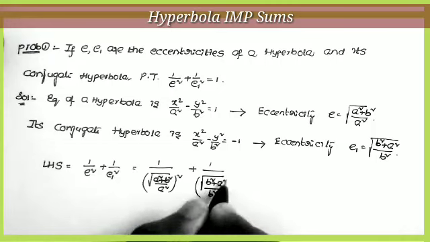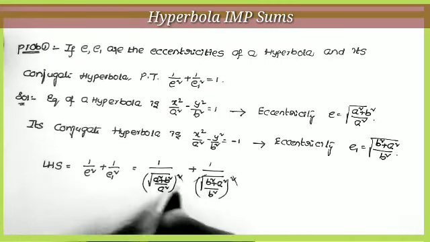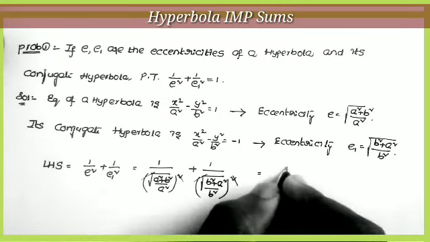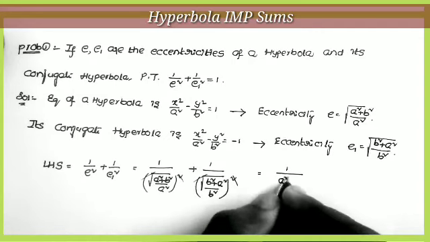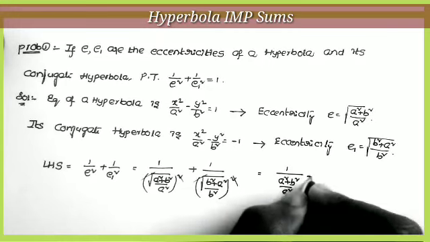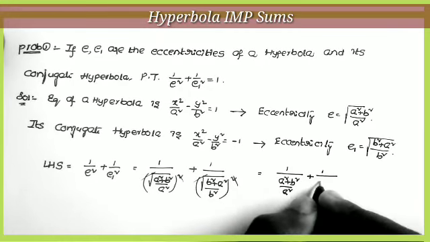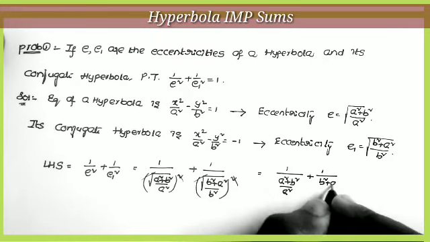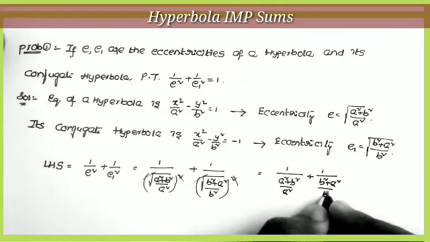Here squares and square roots cancel, so the remaining values are 1 by a square plus b square by a square plus 1 by b square plus a square by b square.